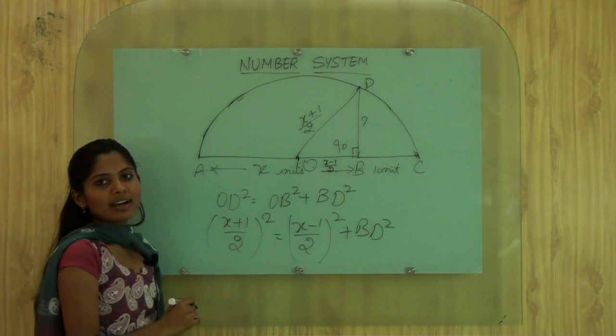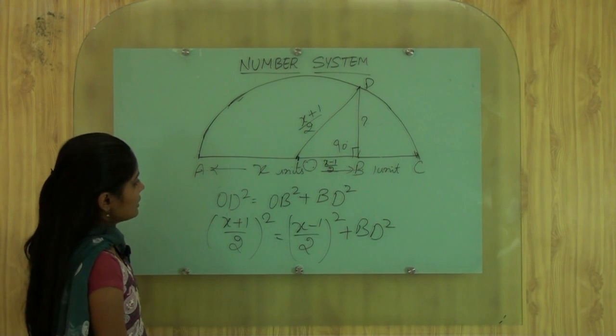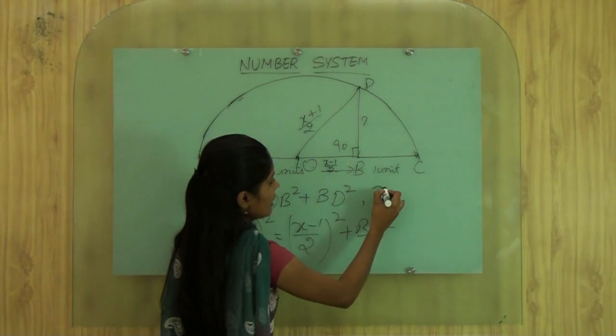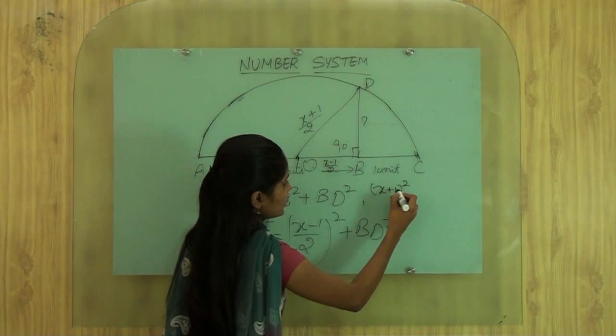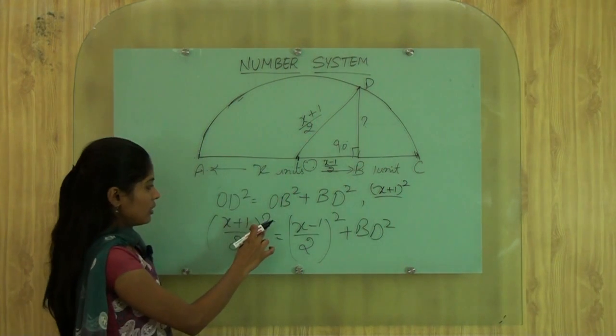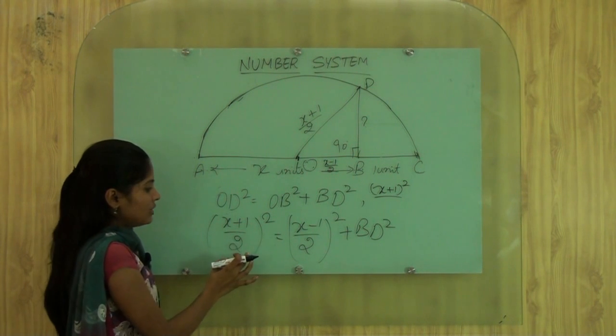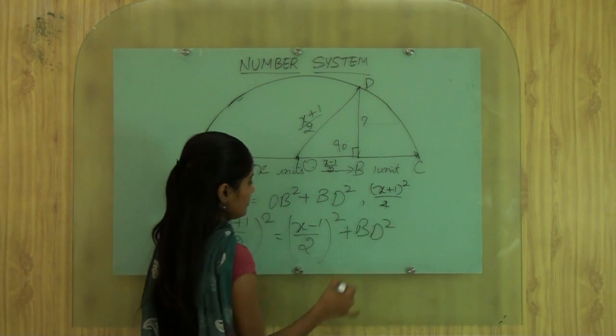We can further simplify this. Let's write it down here. That is x plus 1 whole square by, we can divide the square to the numerator as well as the denominator, that is 2 into 2 is 4.